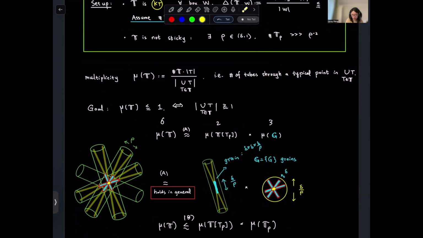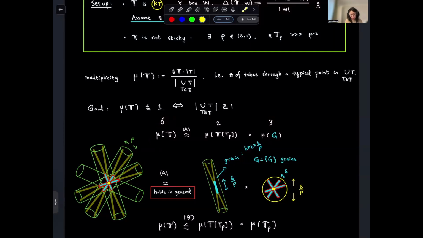When we say that the multiplicity is the number of tubes through a typical point, let's look at this yellow point. How many tubes are there through this point? We can see that it's 1, 2, 3, 4, 5, 6. So the multiplicity mu_T is 6, at least for this point.